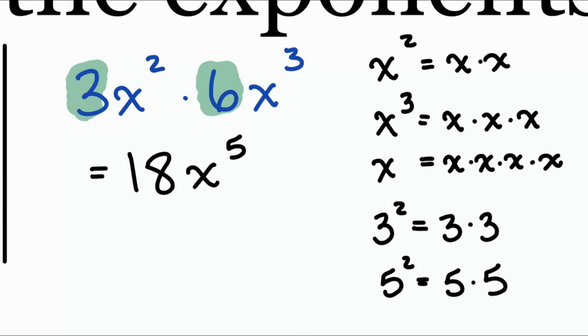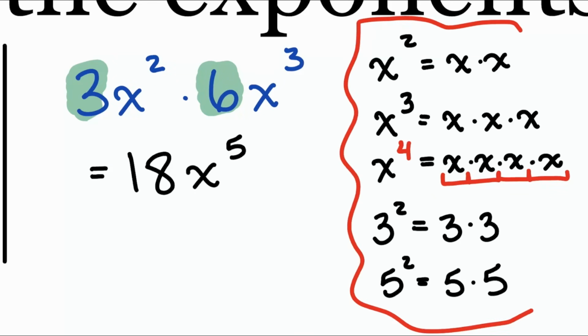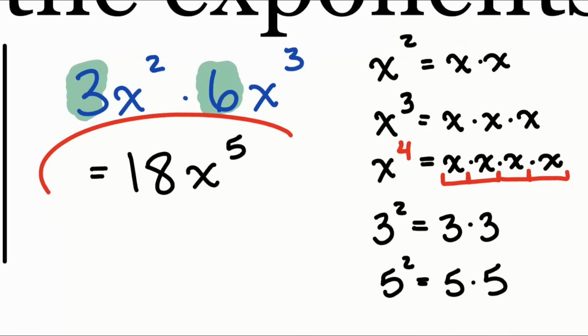Yeah, that's going to be 4, because we are doing 1, 2, 3, 4 x's multiplied together. And that's represented in a shorthand way as x to the power of 4. So everybody, that was a nice little detour to get us right back to this.